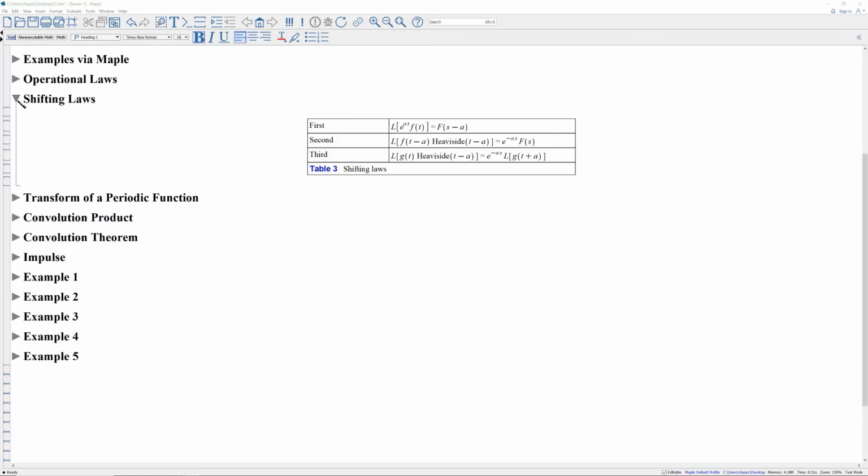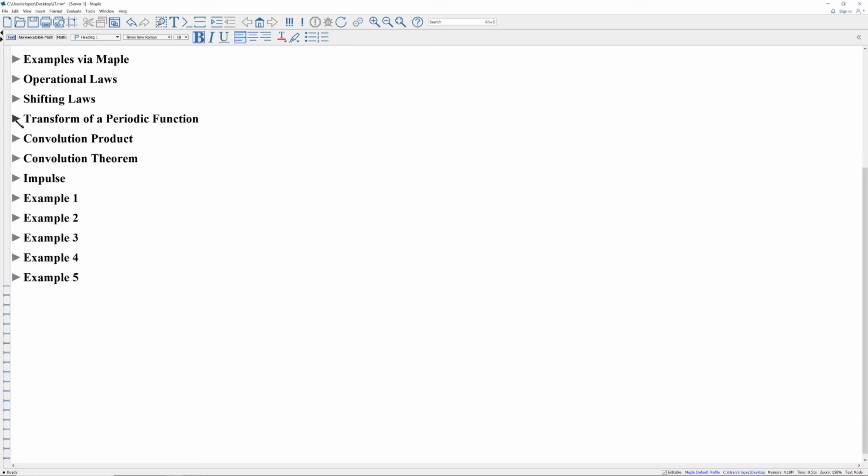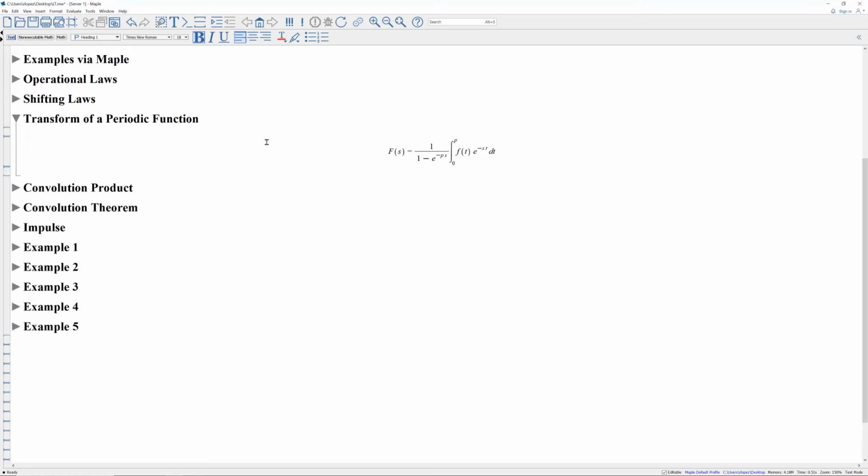There is another law, rule, result that's useful, and that's a recipe for the transform of a periodic function. Suppose f is a periodic function with period p. Well, the transform is the integral from 0 to infinity.